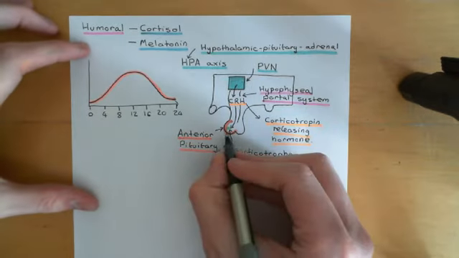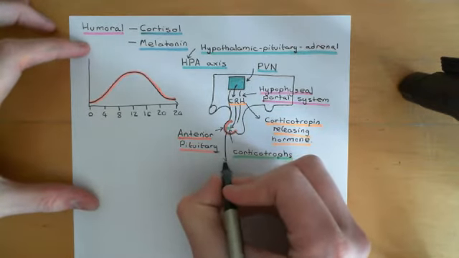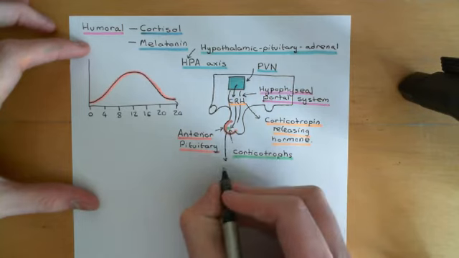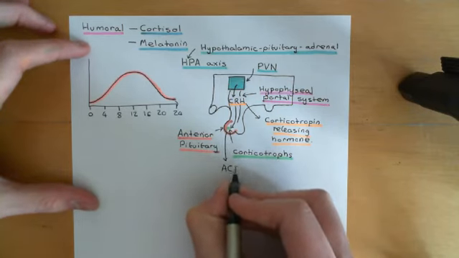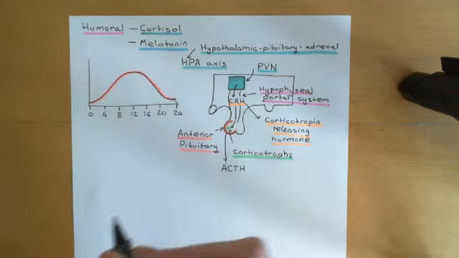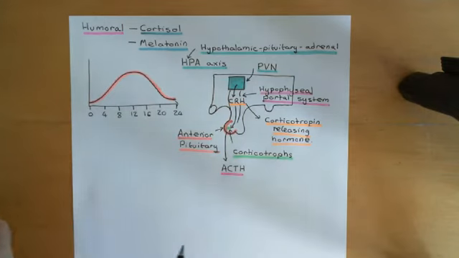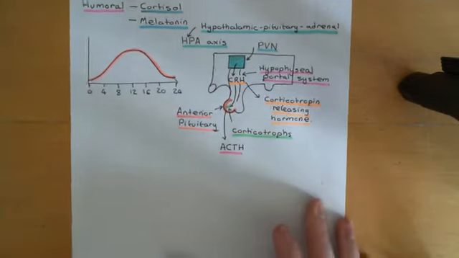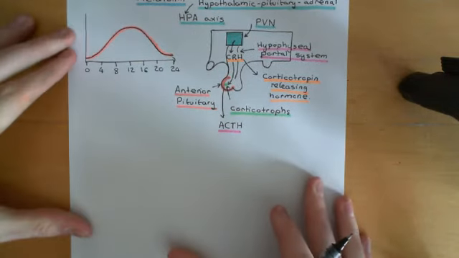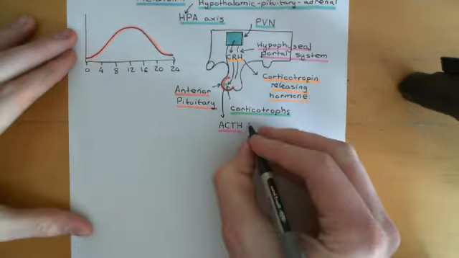And then the corticotrophs are going to release into the blood a hormone called ACTH. Okay, so what does this stand for? Well, this is the hormone that's going to go to the adrenal gland and tell it to release cortisol into the blood.